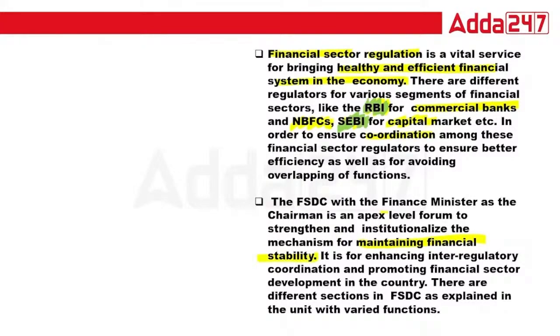It is for enhancing the inter-regulatory coordination and promoting the financial sector development in the country. So there are different sections in FSDC that we have already explained in the session.